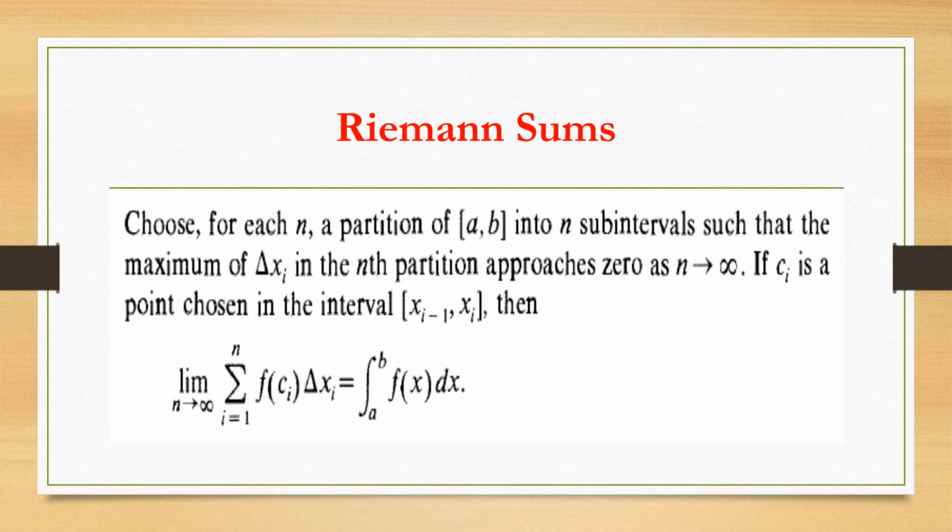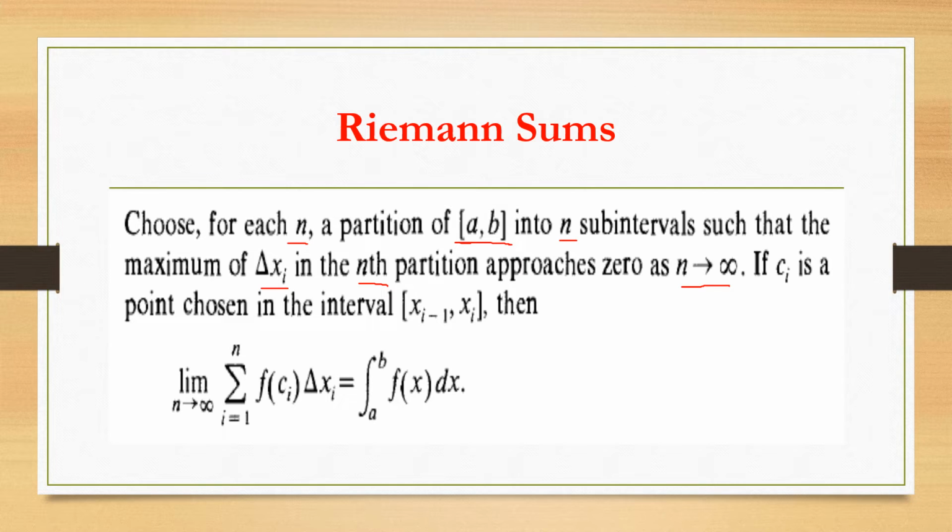Today we want to discuss the Riemann sum. Choose for each n a partition of the interval [a, b] into n subintervals such that the maximum of delta xi in the nth partition approaches 0 as n approaches infinity.